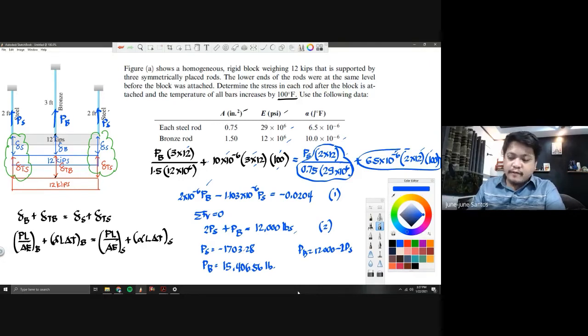Ayun, 8,700. Okay. Hindi, mali lang pala ako ng ano. Mali ako ng pindot. Okay?